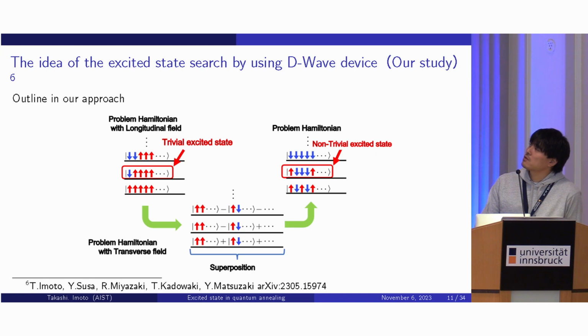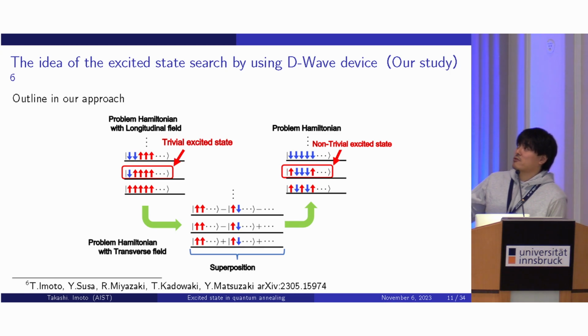Okay, so in order to understand our scheme intuitively, we prepared a schematic figure. Here we consider the problem Hamiltonian with longitudinal magnetic field, and for example, the first excited state is trivial. Next, we consider the problem Hamiltonian with longitudinal and transverse magnetic field.